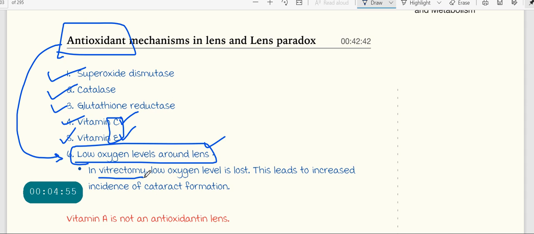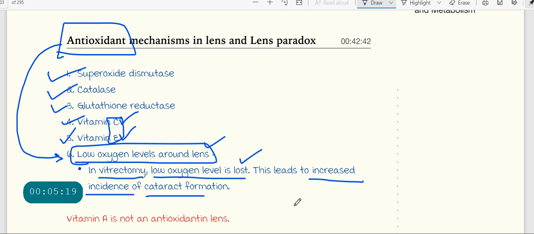So the oxygen level is lost in vitrectomy. This leads to increased incidences of cataract. So vitrectomy, oxygen level lost, leads to increased incidences of cataract.